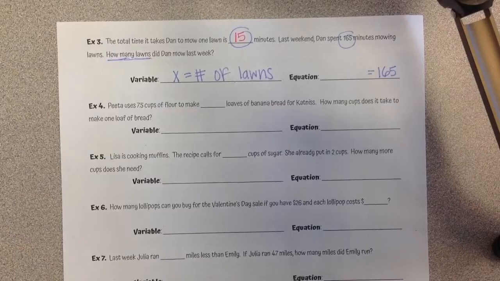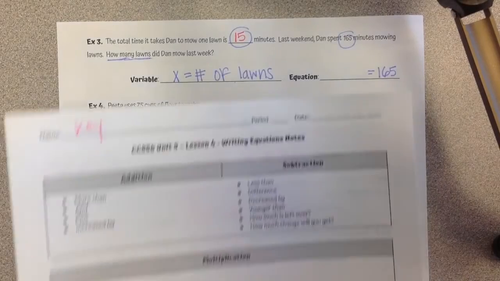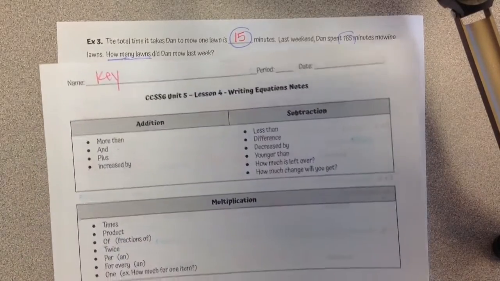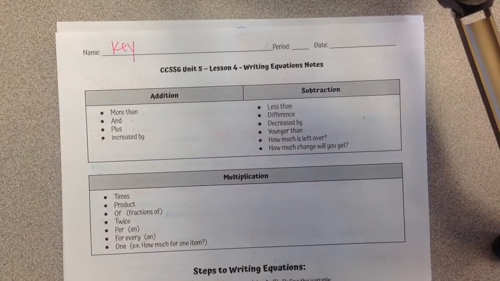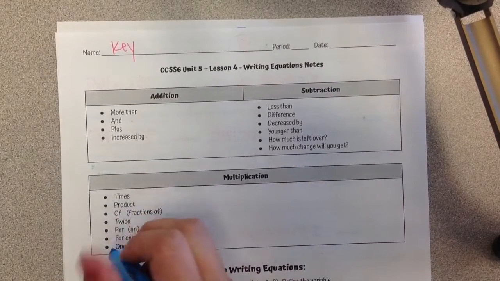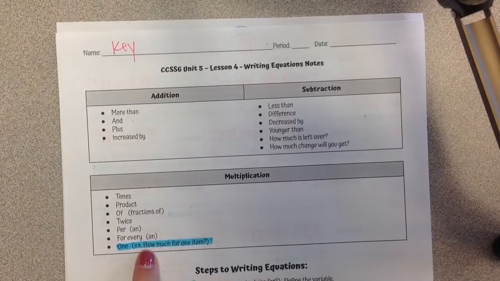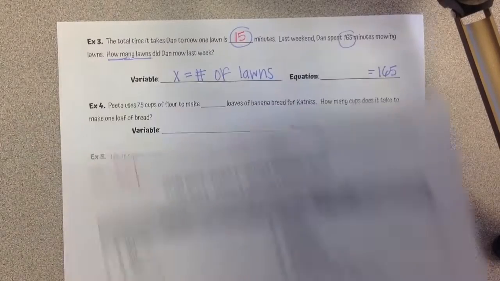Now I'm going to go back, and I'm looking for the words that clue us into the operations. If I look at my chart here, one of the key words that I want you to look at for multiplication is this part where it says "one". For example, how much for one item? That is actually kind of similar to saying per item, for every item, for each item, okay? So the word "one" is cluing me into multiplication.